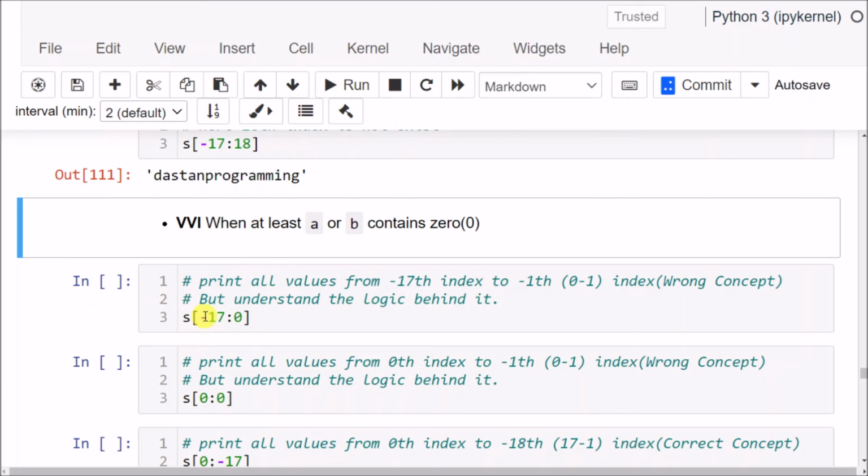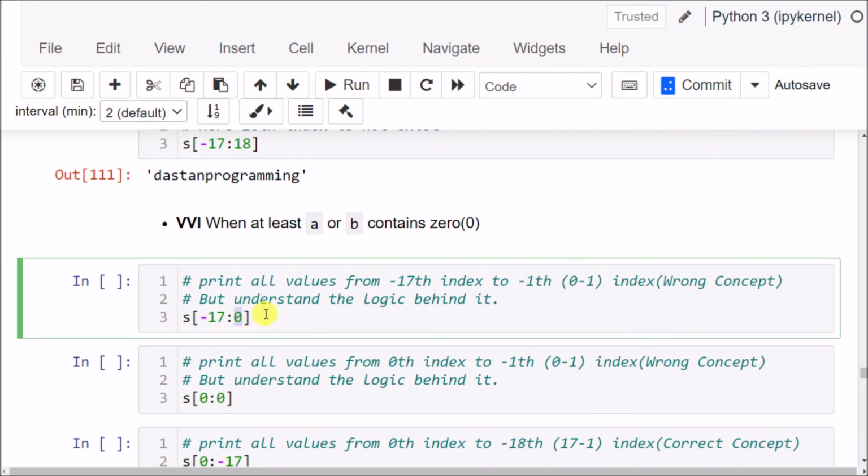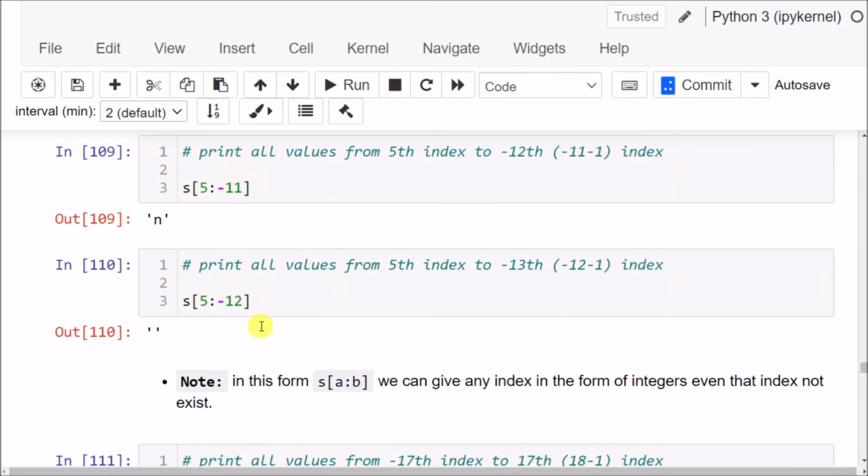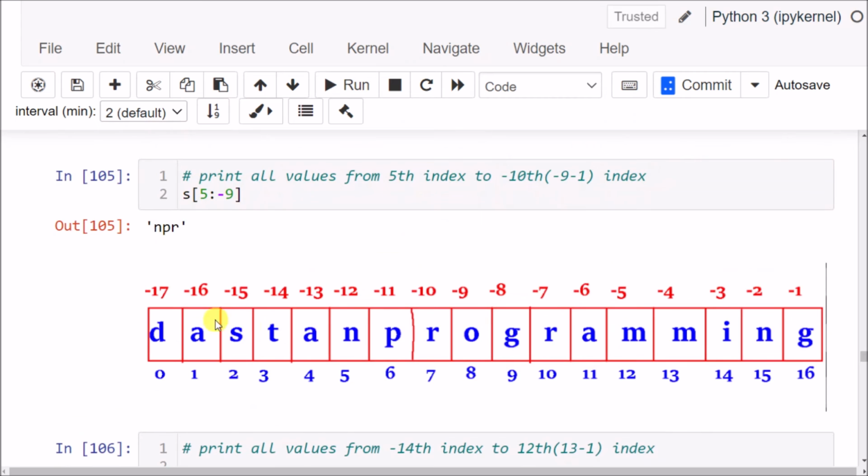What we understood is from A to B minus 1. So here minus 17 to B means what? 0 is there. So 0 minus 1 means minus 1. So from minus 17 to minus 1, that is all the values.